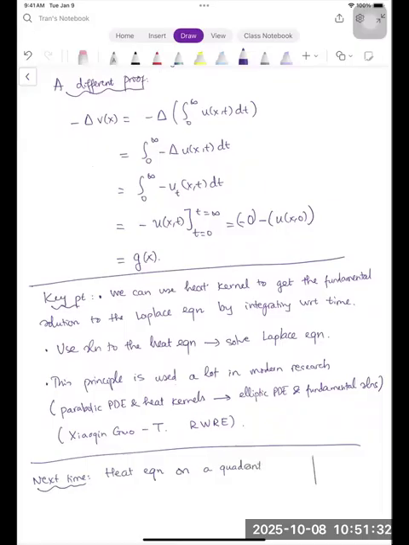We are just going to solve it in the first quadrant, and then we will start moving to Mach's principle. So we will do the heat equation on a quadrant in the first part, and then move to Mach's principle in the second part. Okay, thank you. Let me stop.